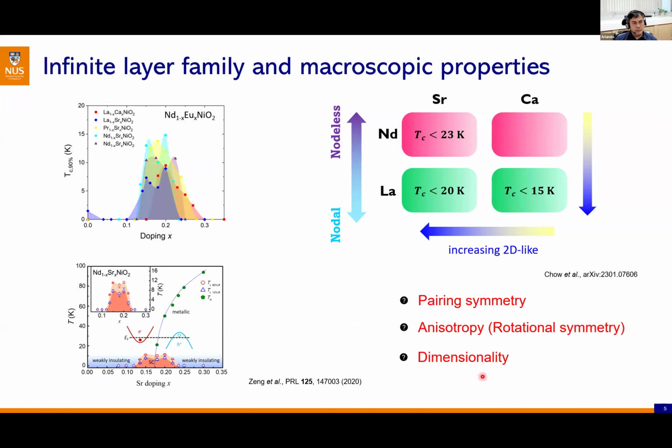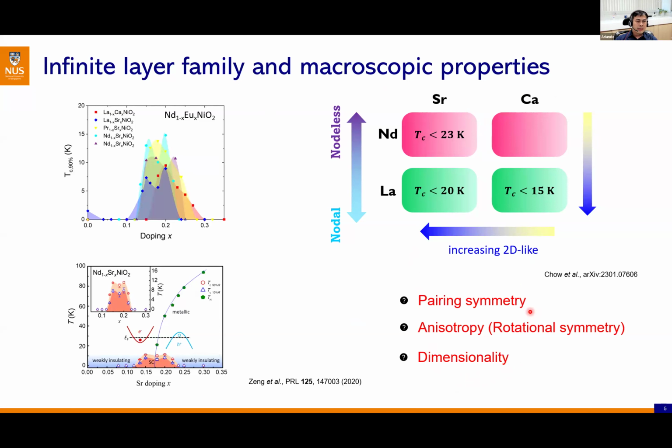There is a need for confirmation, for example, in the case of the dimensionality, it is still not very close, it's not similar to what we have in the cuprate.